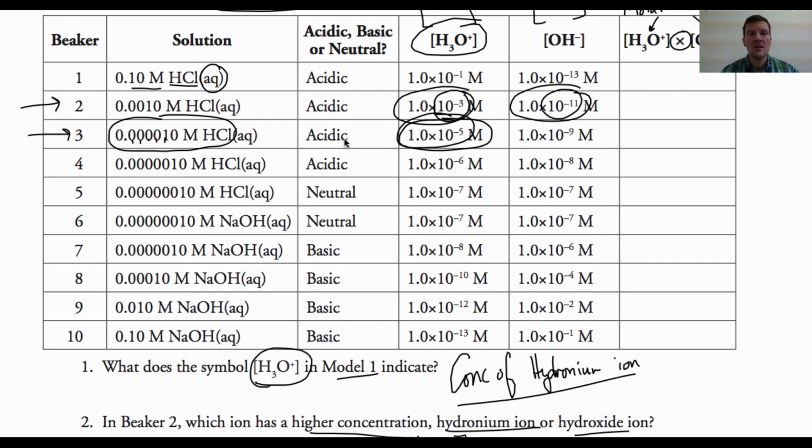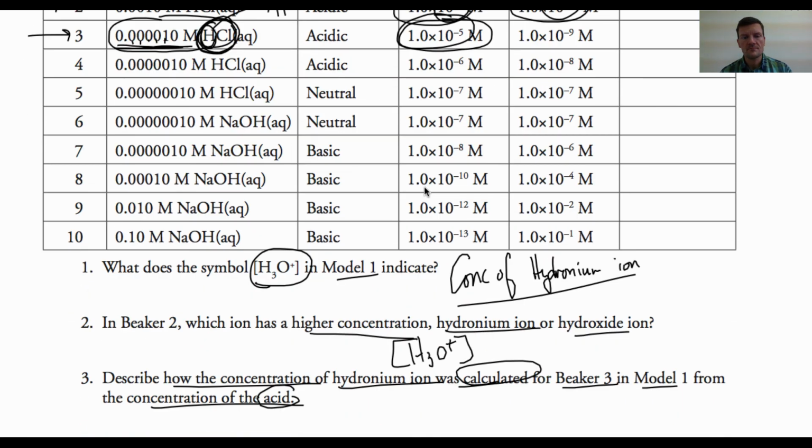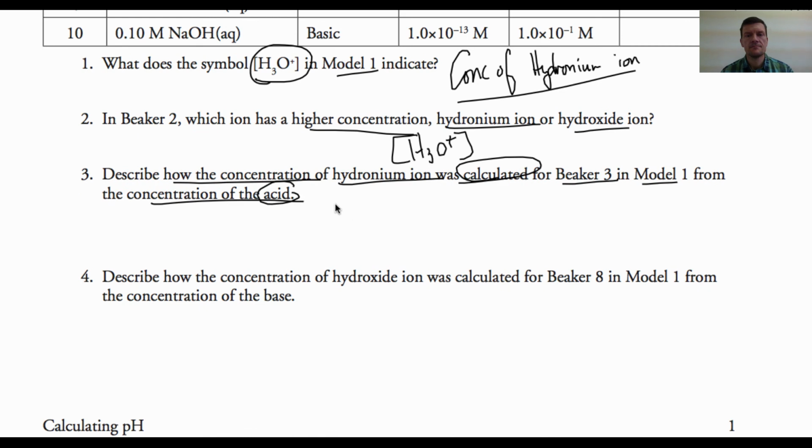These are the same value, because every HCl unit is going to release one H+ into the aqueous solution, which is going to create your hydronium. So every mole of HCl is going to create a mole of hydronium ions, or every 10 to the negative 5 moles is going to create 10 to the negative 5 moles of hydronium. Okay? Same value. It's just that one is written in standard form and the other is written in scientific form.